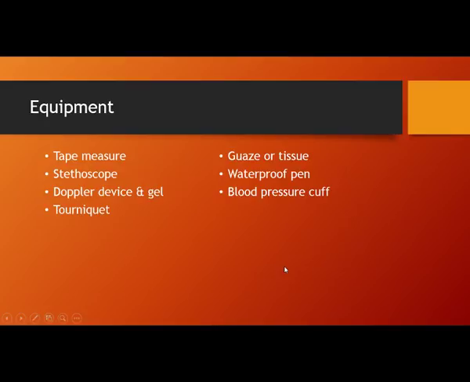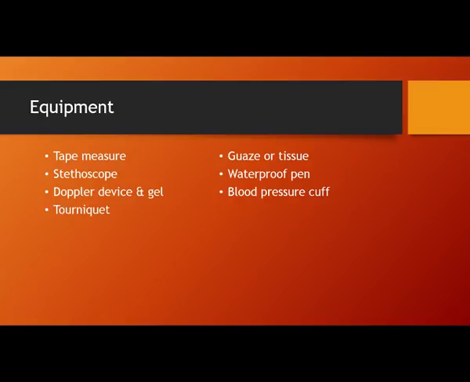So, turning to the objective assessment, this is some of the equipment you're going to want. A tape measure, stethoscope, a Doppler device. The Doppler can detect pulses when you can't feel one. So that's why we do that.